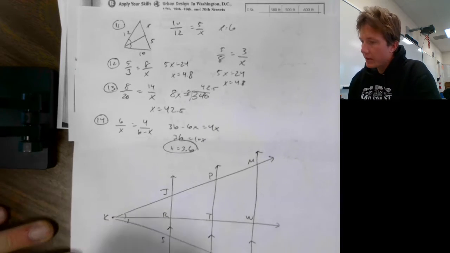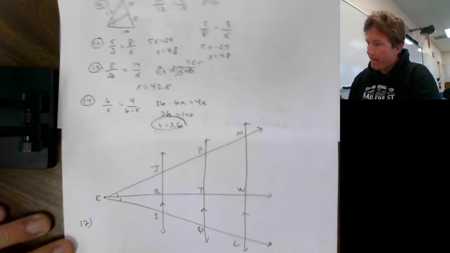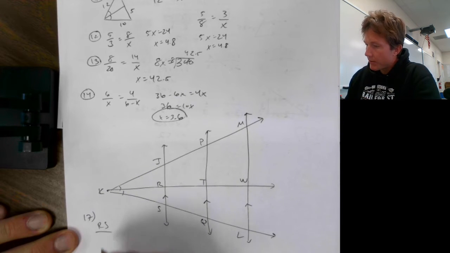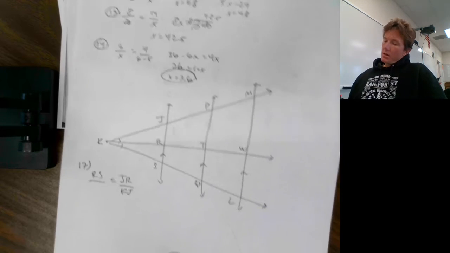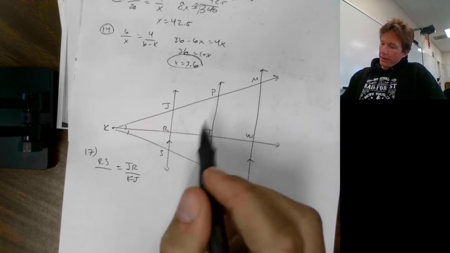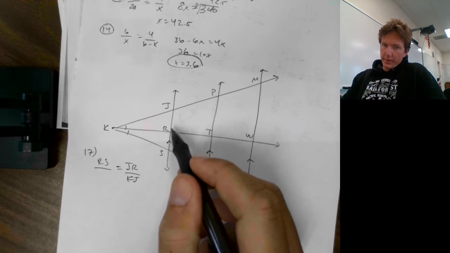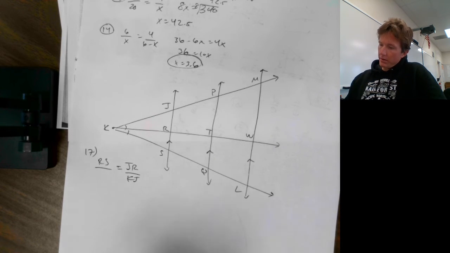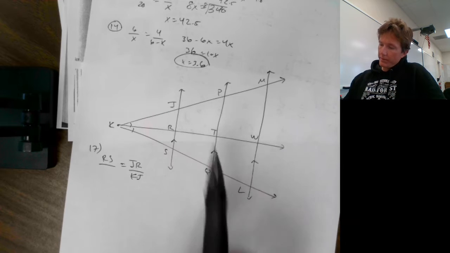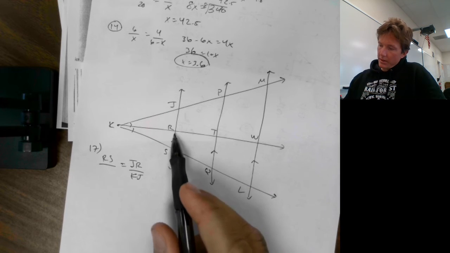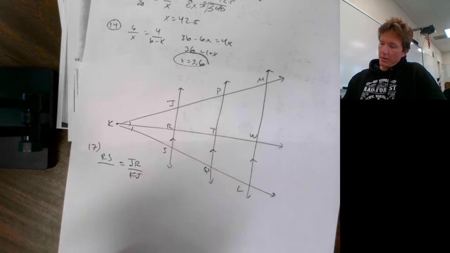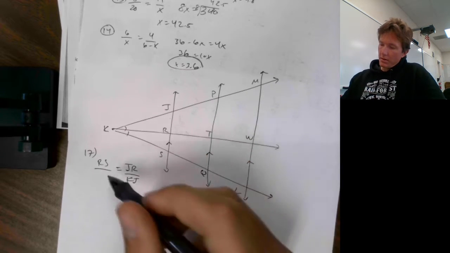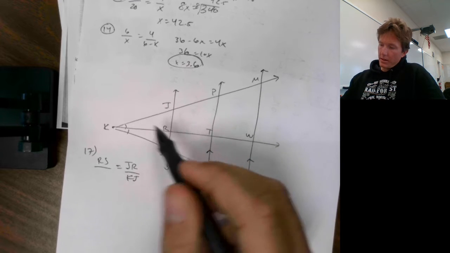Okay. Number 17. 17 says RS over blank is equal to JR over KJ. Alright, so JR is here. KJ is here. RS is here. So what they're saying is RS over what side is equal to JR over KJ?